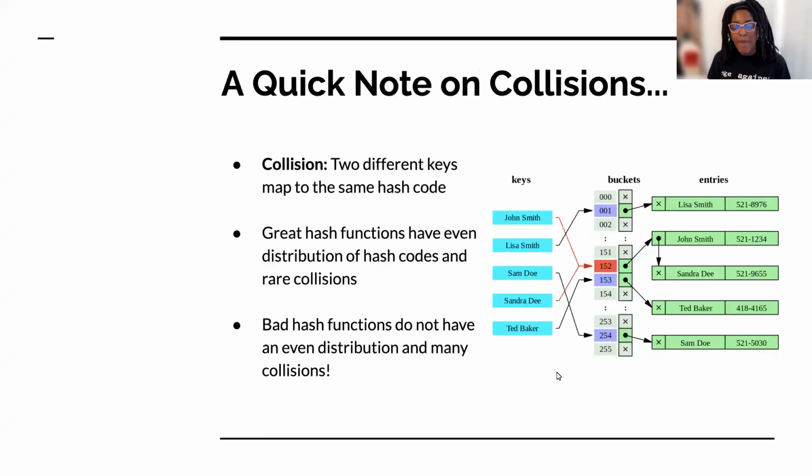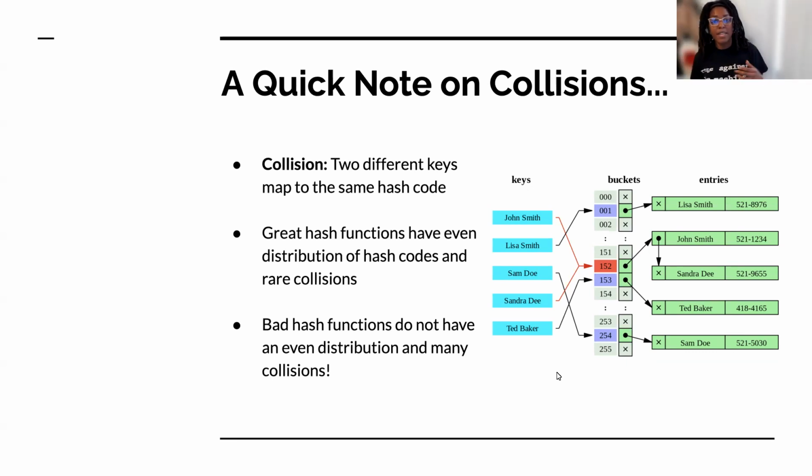Now, hash maps aren't always clean, and how good or bad a hash map is really depends on that hash function. If you have a great hash function, that means you're going to have a really even distribution of hash codes, and you're never going to get a collision. Or by never, I mean rarely.